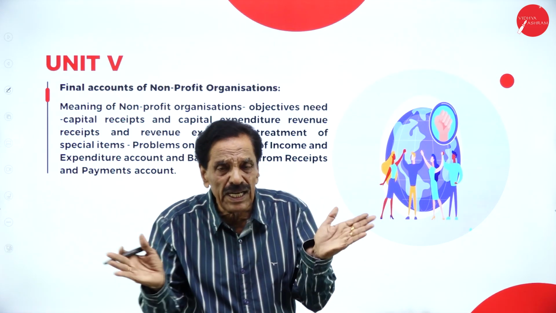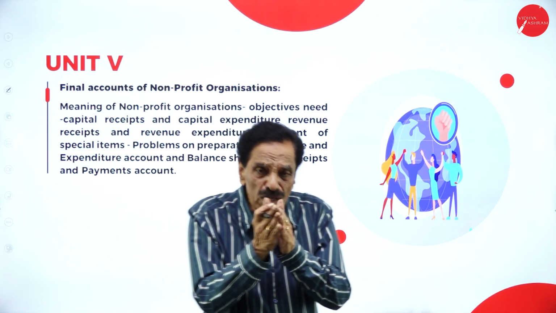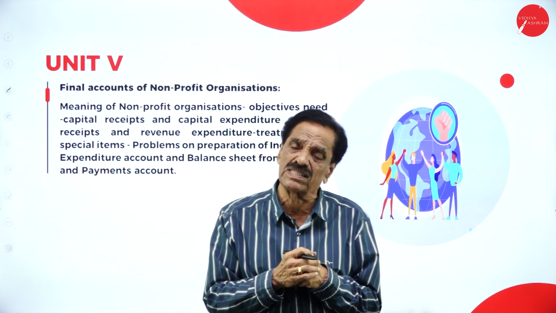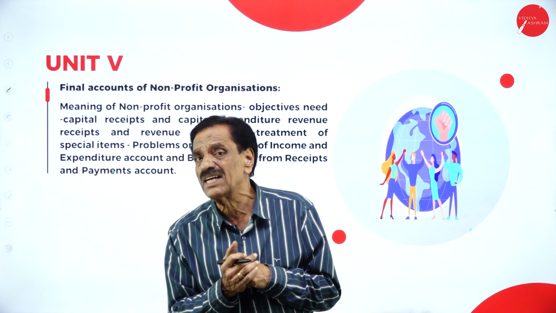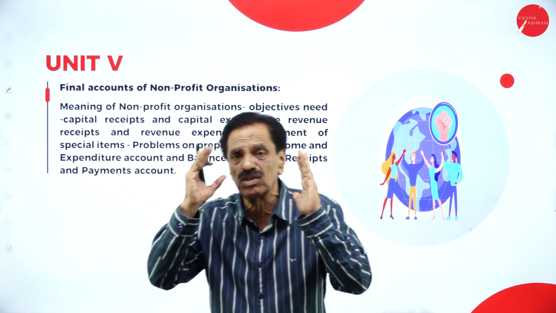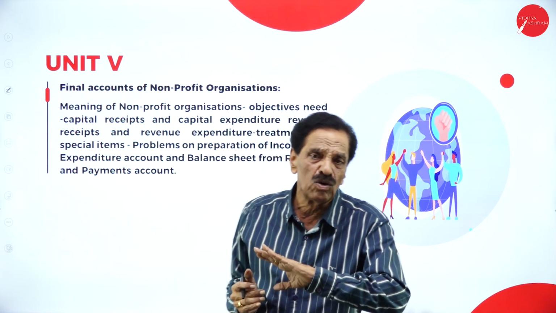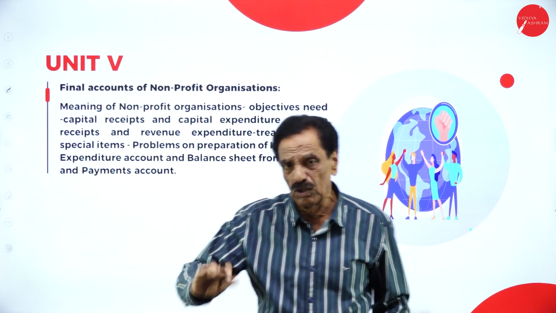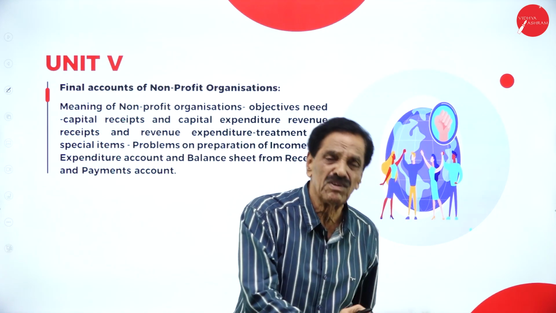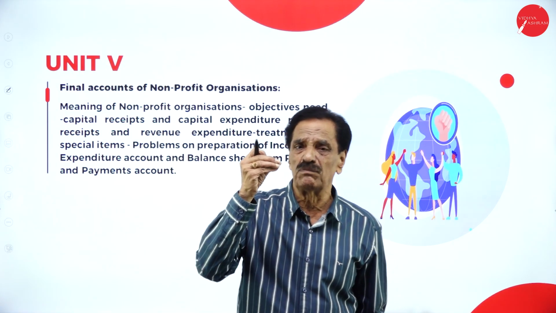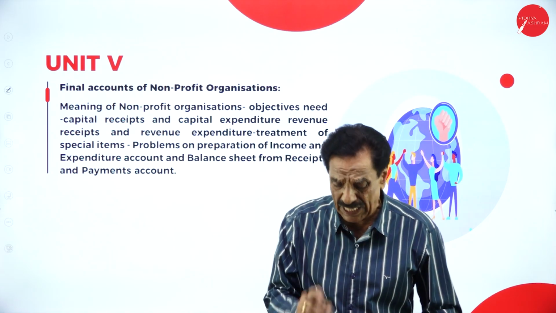There is no trading and profit and loss account, only a service motive. The main motive is only to serve the people, no buying and no selling of goods. Here we are going to deal with capital expenditure, revenue expenditure, capital receipt and revenue receipt. That will all be dealt with in detail in the next class.